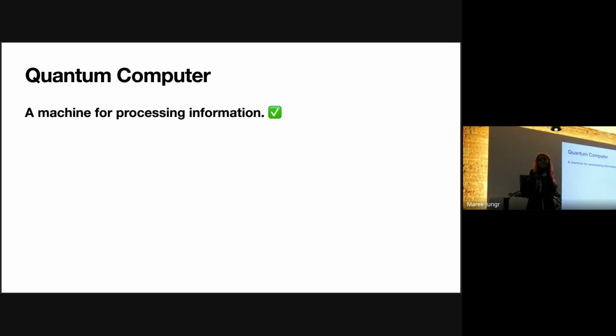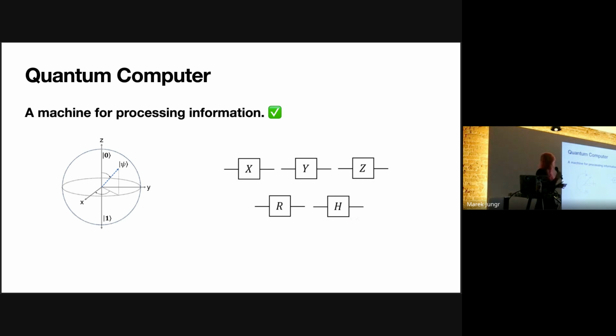But with the quantum computer, coming back to this analogy, a quantum computer is also a machine for processing information, and also works with some units of information. They are not bits, but different types of units. We're gonna call them qubits.